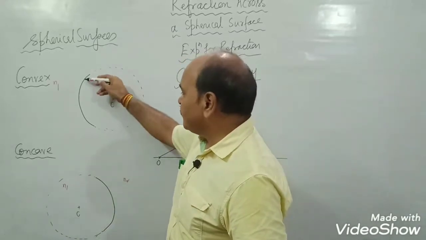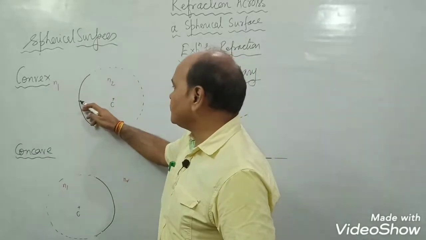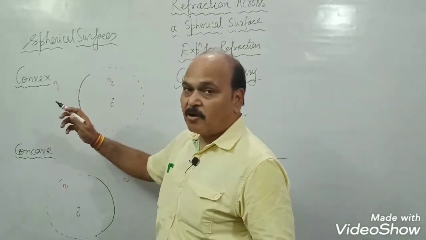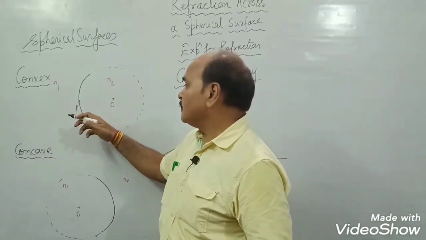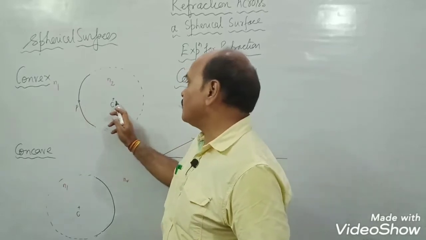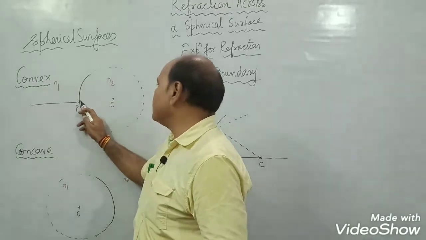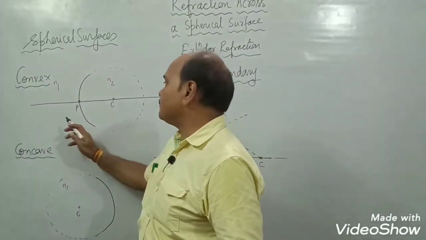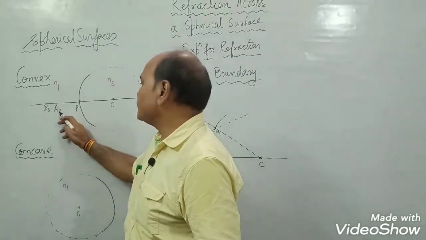This is a refracting boundary. The center of this refracting boundary is called the optical center or pole. The line joining the pole and the center of curvature is called the principal axis. So this is the principal axis.